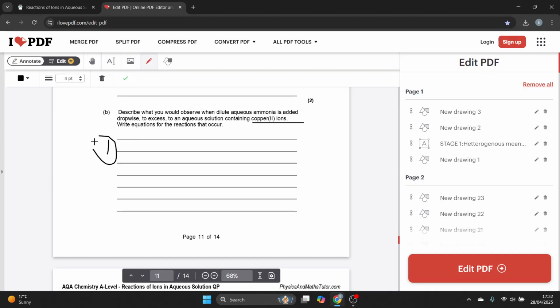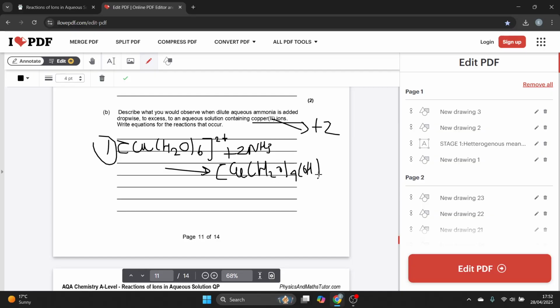So equation number 1, you get Cu(H2O)6 2+. It says 2 ions, so that tells me the charge is plus 2, plus 2 NH3 arrow Cu(H2O)4(OH)2 plus 2 NH4+.